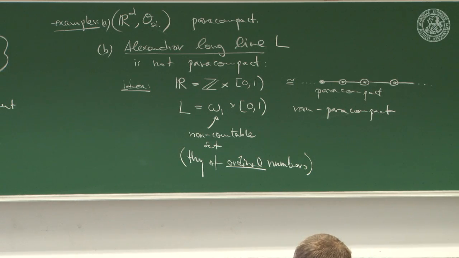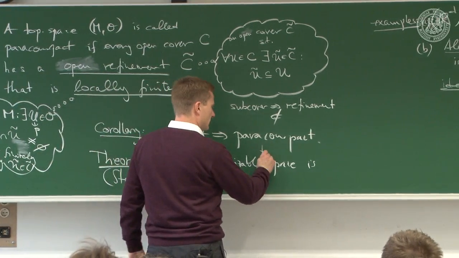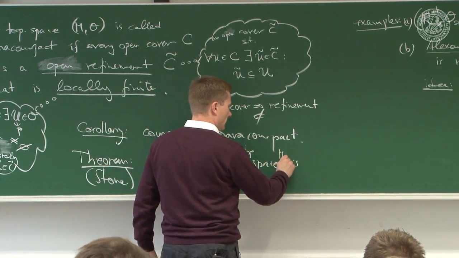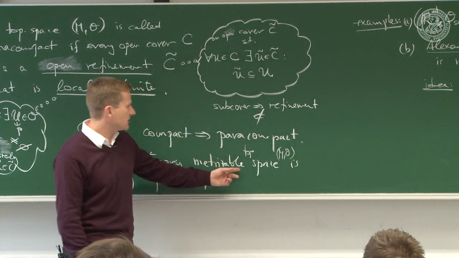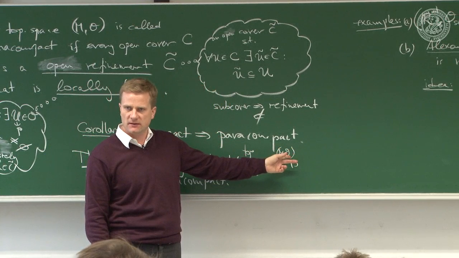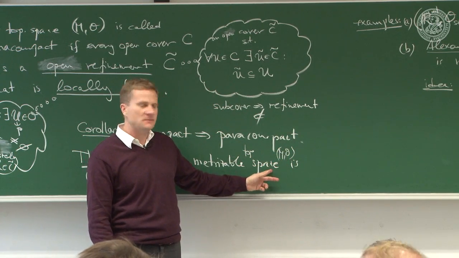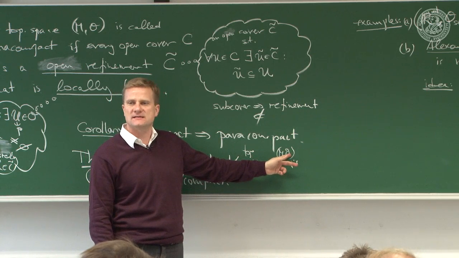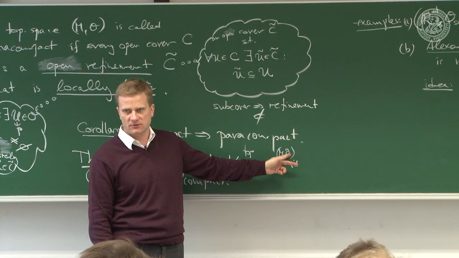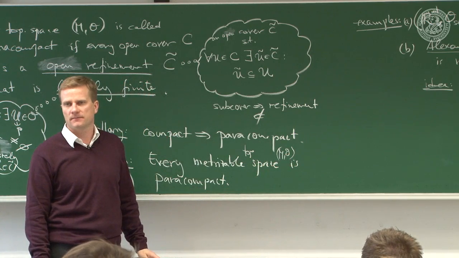Questions so far? Yeah? What is the definition of metrizable? Aha, a metric can be found. So every metrizable topological space is paracompact. A metric can be found such that the topology is induced by the metric. Or in other words, every topological space where the topology is the one or equivalent to the one induced by a metric is paracompact. Okay?